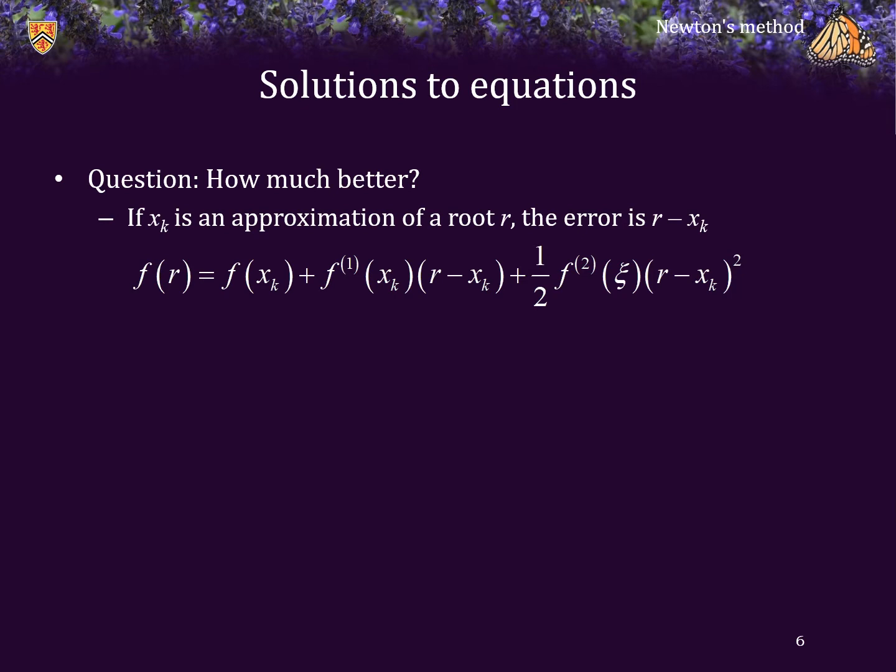So we know by the Taylor series that f at r is equal to f at x sub k plus the derivative at x sub k times r minus x sub k plus a half times the second derivative at some point psi between x sub k and r. This is multiplied by r minus x sub k all squared.